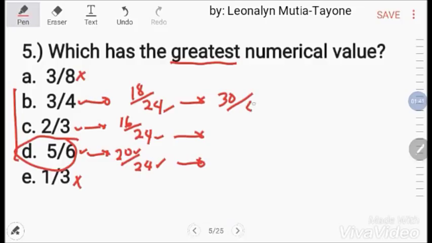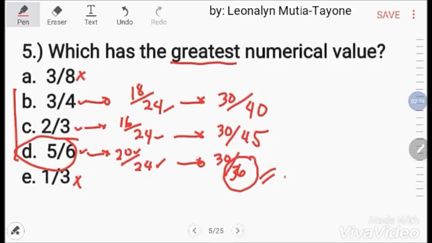So, times 10 din natin si denominator. Ito naman ay maging 15 times 15 para maging 30 times 15. So, that will be 30 times 15, that will be 45. Ito naman para maging 30 times 6, so 36. Ang pinakamaliit na denominator, yan yung pinakamalaking greatest numerical value sa tatlo. So, ang answer ay letter D.